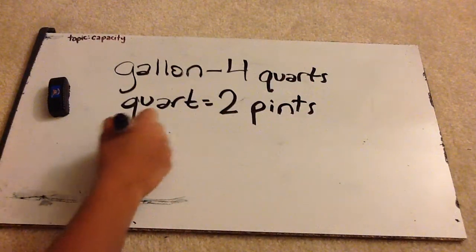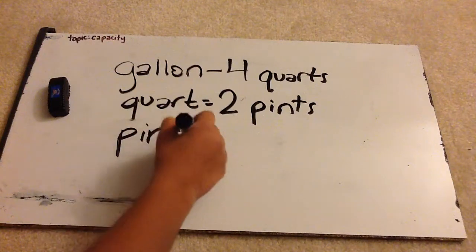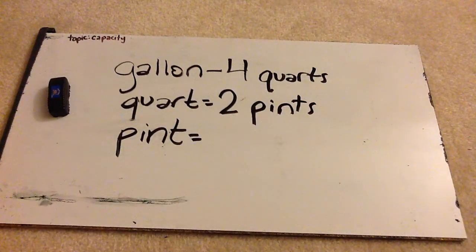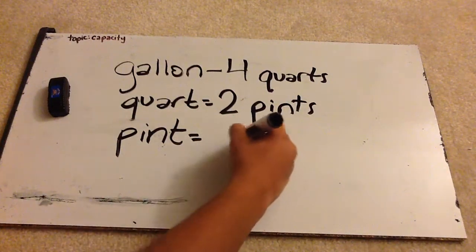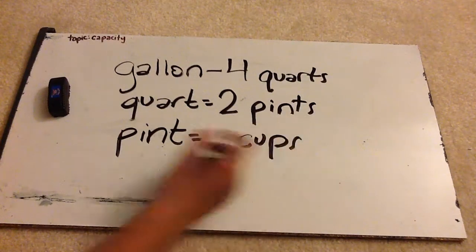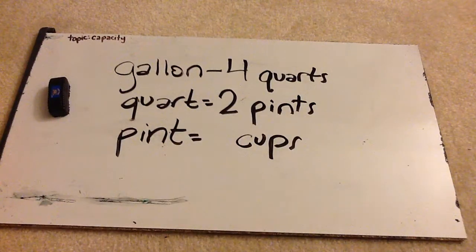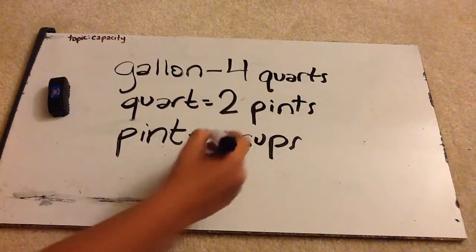A pint equals cups. I think it equals either 2 or 4 cups. Wait 1 minute, guys. Yeah, 2 cups. Sorry.